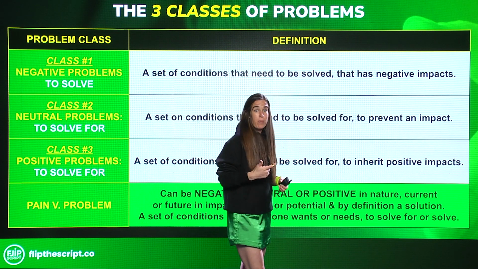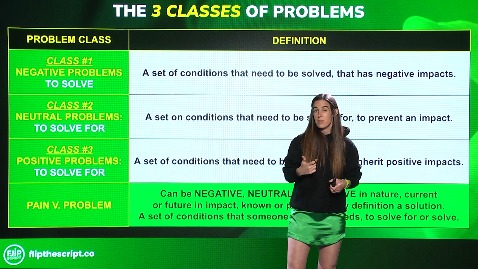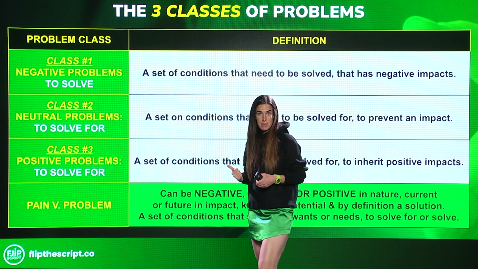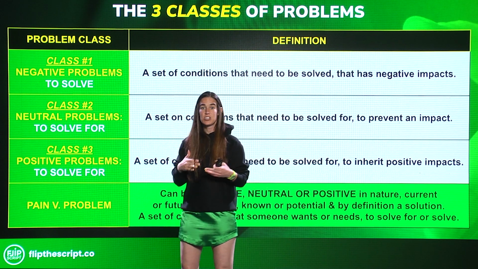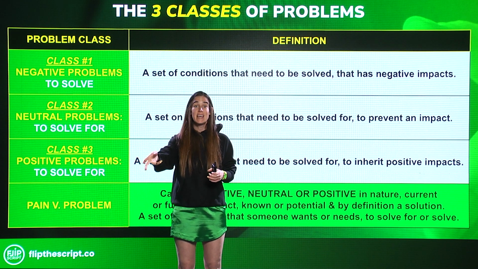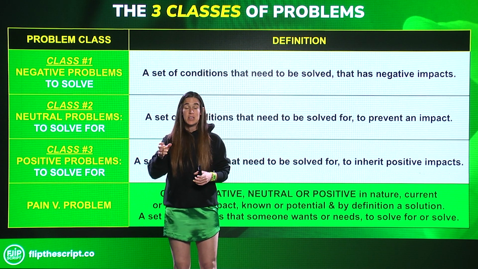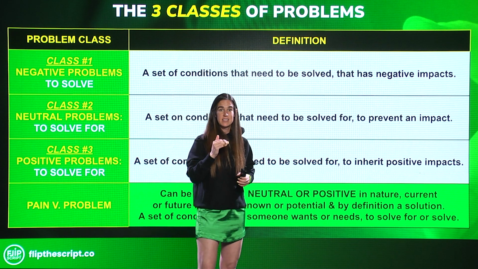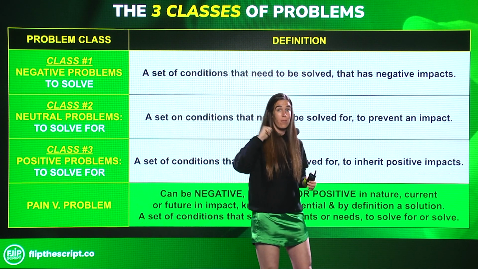The second class of problem is a neutral problem. This is a set of conditions that need to be solved for to prevent an impact from happening. So think of this scenario as a math problem.